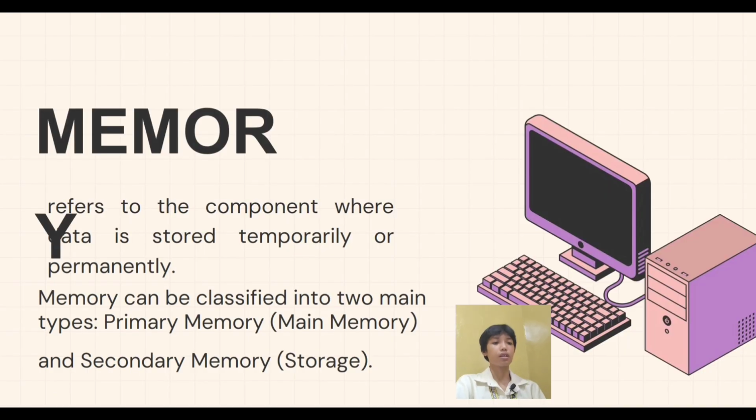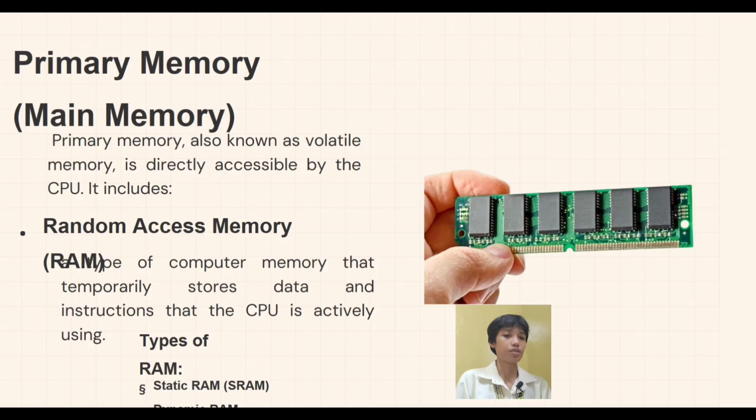Next, let me discuss the memory. Memory refers to the component where data is stored temporarily or permanently. Memory can be classified into two main types, the primary memory and the secondary memory. For the primary memory, we have the main memory, also known as volatile memory.